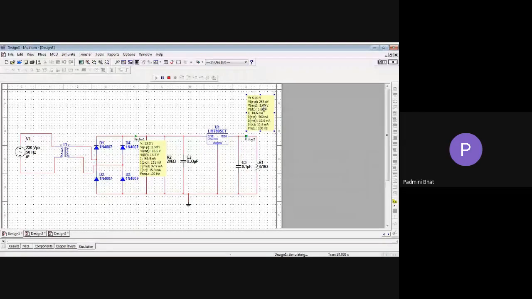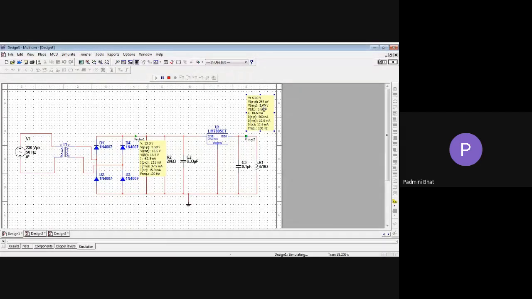We can have an adjustable regulator. How do you think? Any idea? By changing the capacitor? It is not by changing the capacitor.